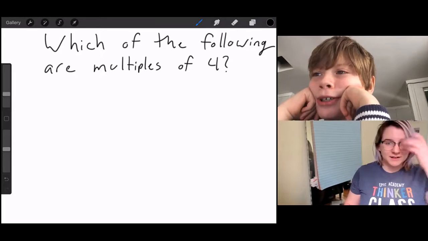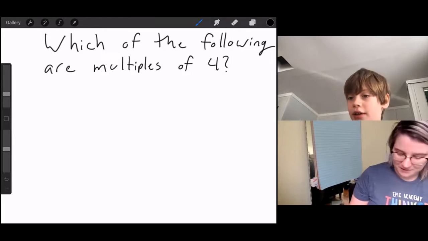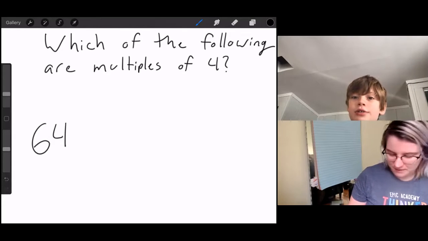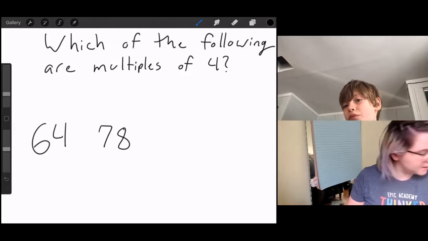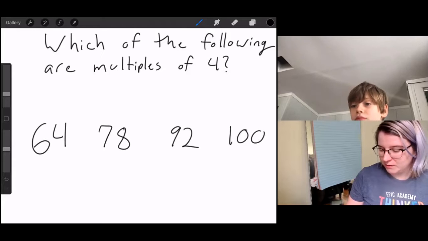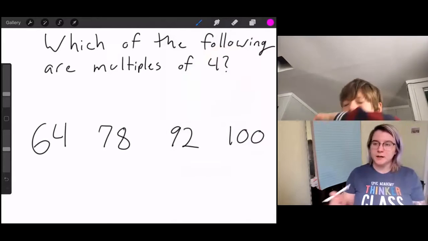This is a valid question. I like the idea of the question. So you've got 64, 78, 92, and 100. How do you go about figuring out which one of these is a multiple of 4?